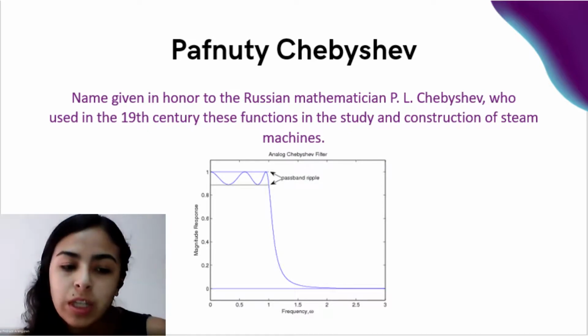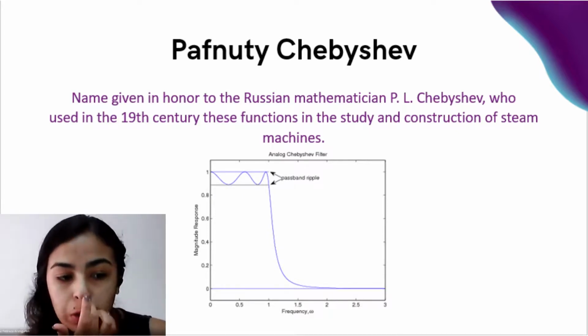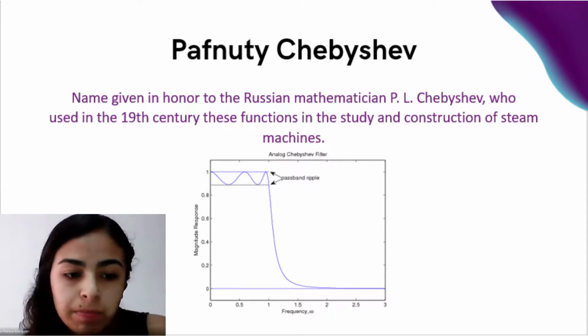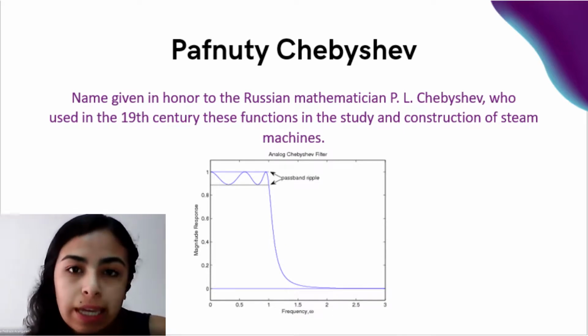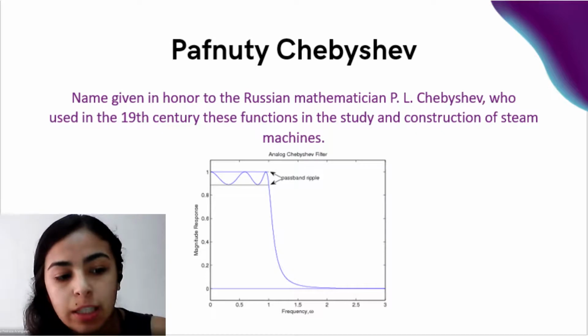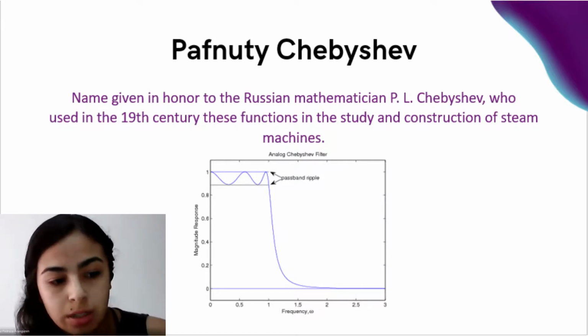Hello, I'm going to tell you about the Chebyshev filters, a name given in honor of the Russian mathematician P.L. Chebyshev, who used this function in the 19th century in the study and construction of steam machines.